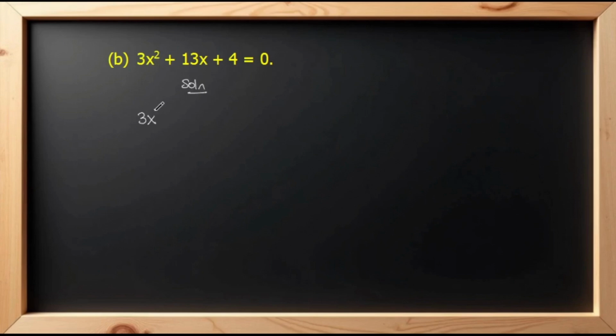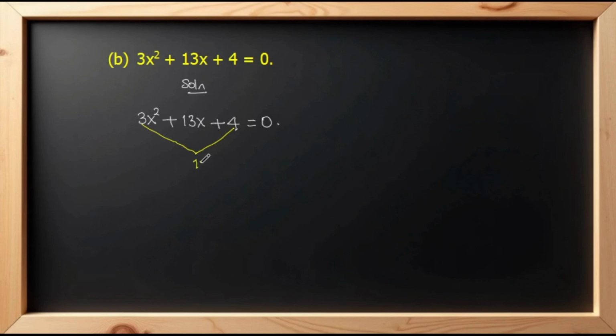So we have 3x squared plus 13x plus 4 equals 0. Now what we have to do here is to get a new constant, which is obtained always by pulling out the coefficients of the leading term and the constant, and we multiply them together.